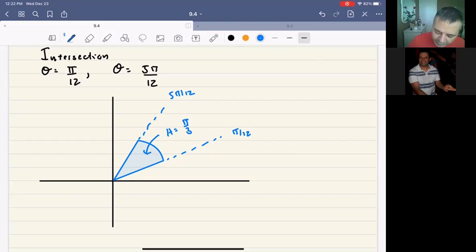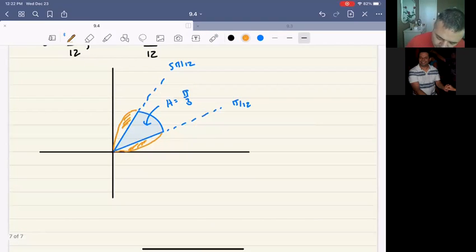Okay, we also have this little stuff going on here. We need to find this region. Symmetry means I can just find this part. Okay, so what am I going to have to add? Two times the integral from 0 to pi over 12 of sine 2 theta d theta.